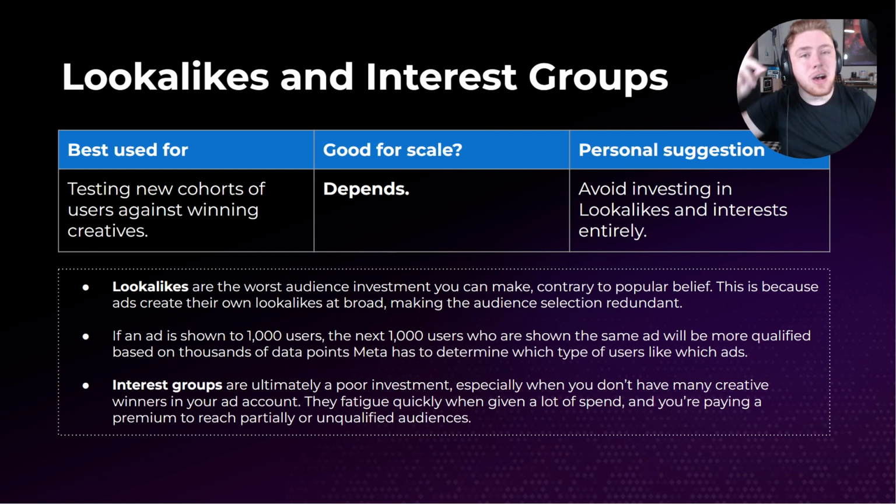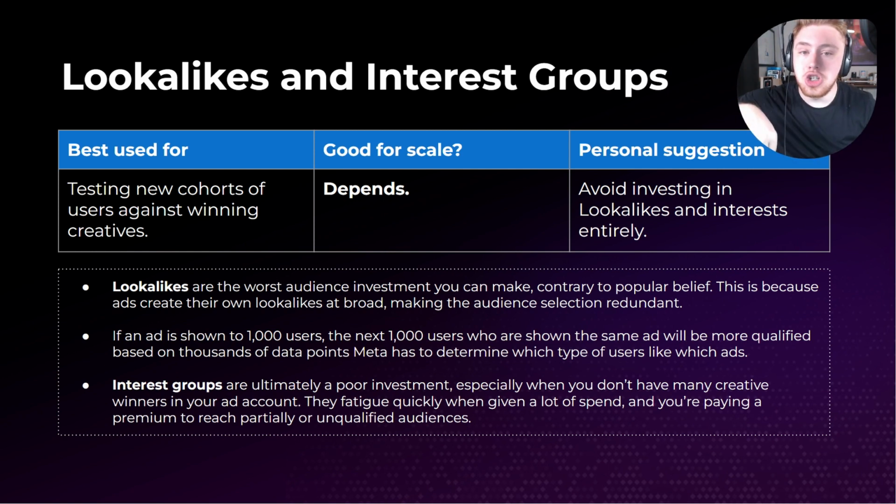In order to create a better user experience and to make the advertiser more money, the next 1,000 people that see that ad should closely resemble the small percentage of users from the original 1,000 that reacted positively. So you're reaching more users that are more likely to react positively to your ad, which keeps users engaged, happy on the platform.